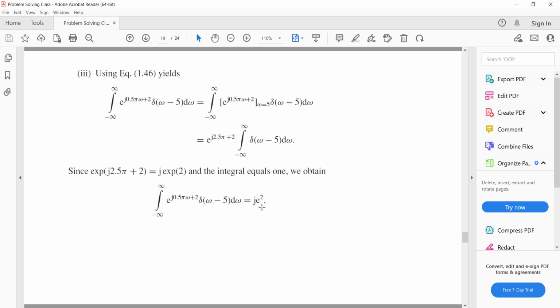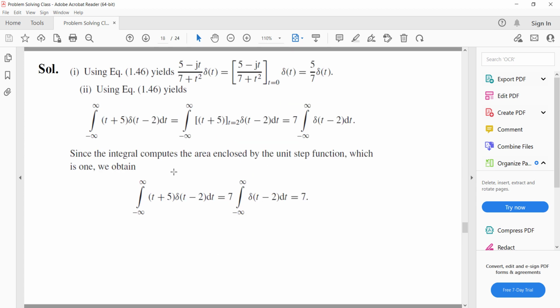After solving, you will get j e raised to the power 2. That is how you can calculate the value of any function by using this property.